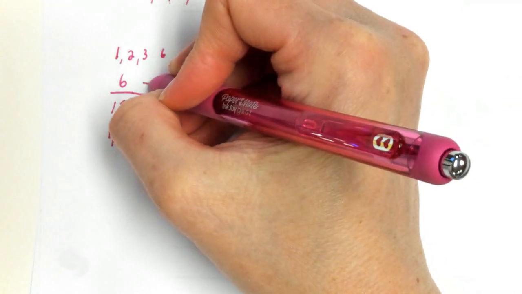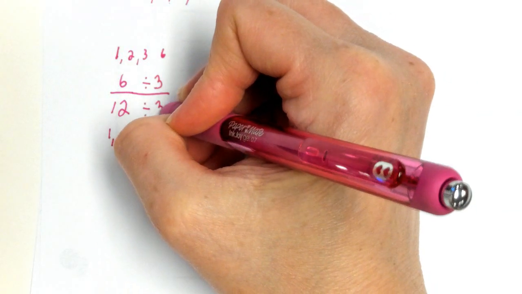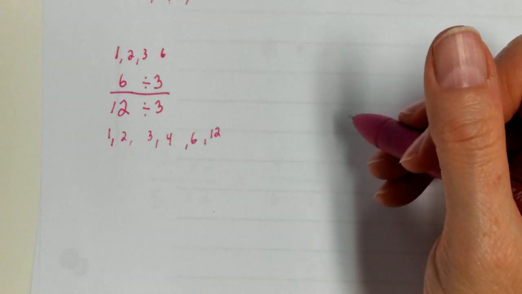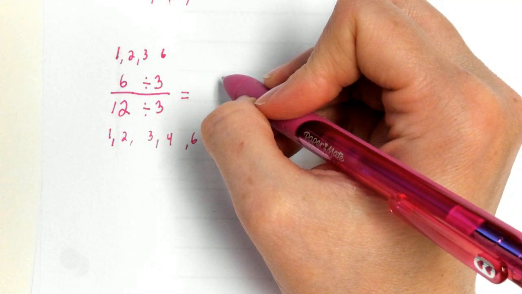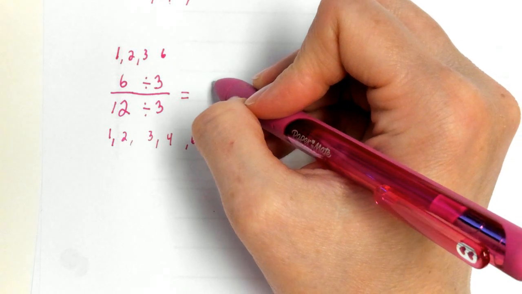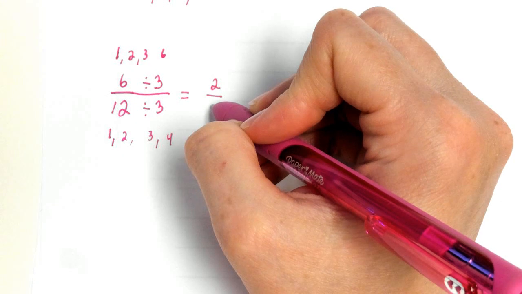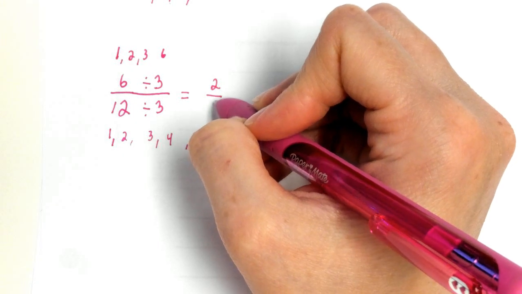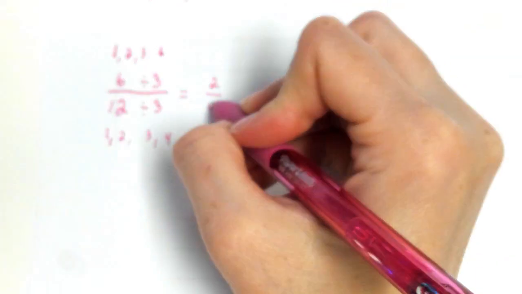So I'm gonna divide the top number by 3 and the bottom number by 3. 6 divided by 3 is 2. 12 divided by 3 is 4.